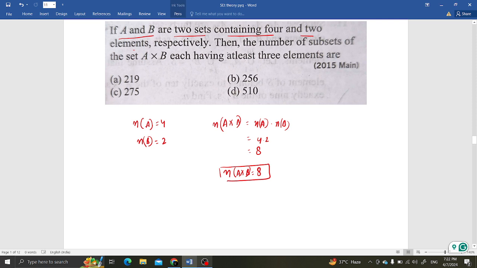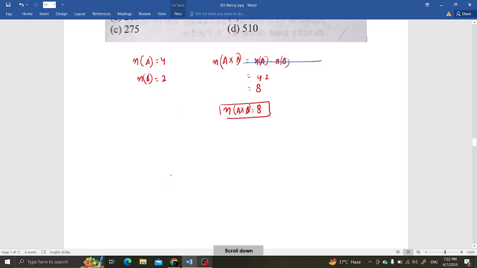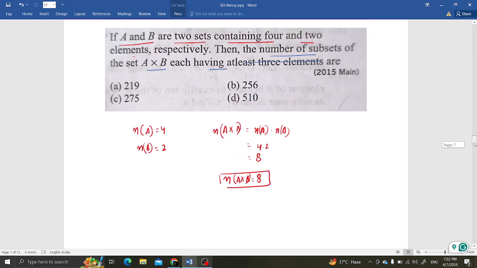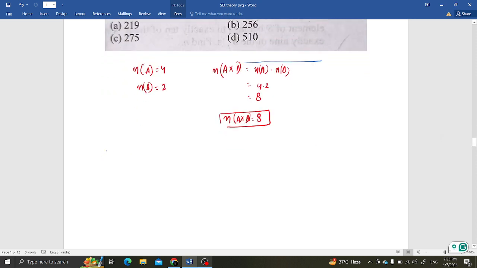Okay. Now we can observe what they are saying: the number of subsets of the set A cross B, each having at least 3 elements.